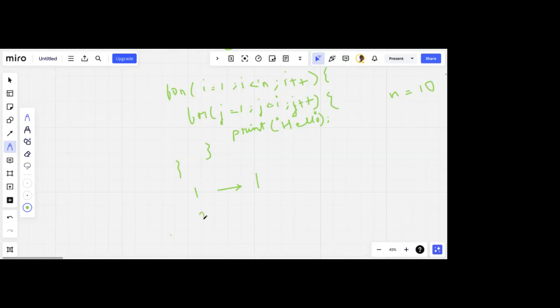Now when i is equal to 2, how many times would this statement be printed? So i equal to 2, i less than equal to n. Okay. So j equal to 1, j less than equal to 2, j plus plus. So j equal to 1 and then j equal to 2. Then it will be printed 2 times, right? Clear, guys?